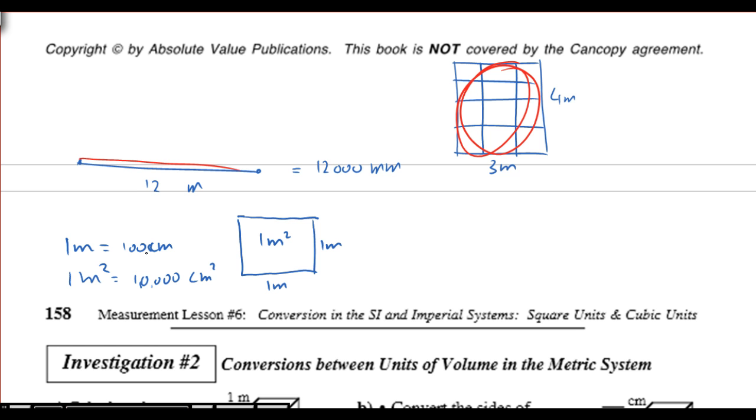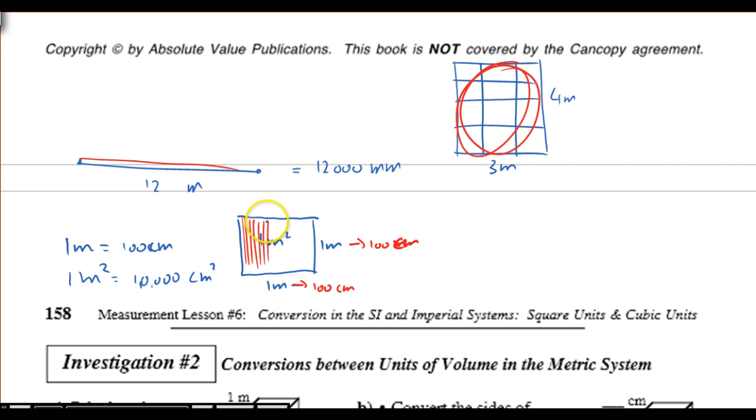Let me just show you how that works. If I converted this 1 meter to 100 centimeters, and converted this other 1 meter to centimeters, then 100 times 100 is going to give us 10,000.